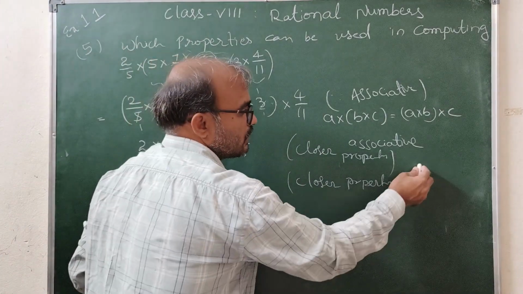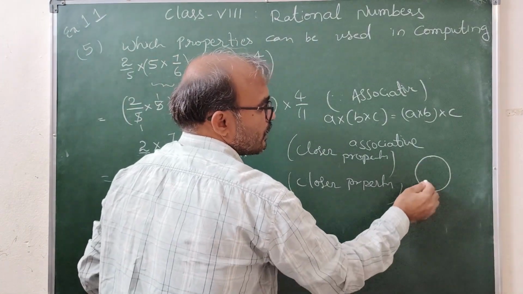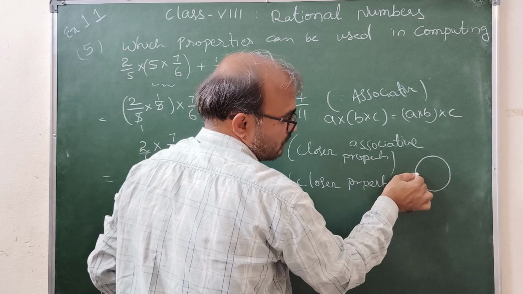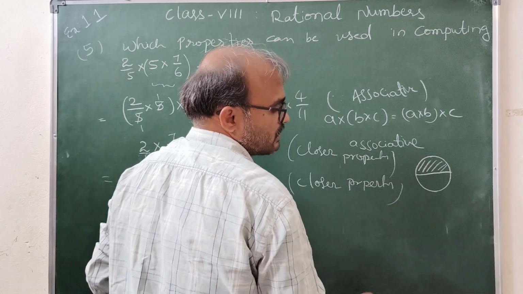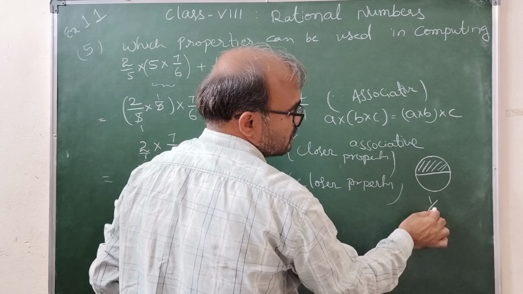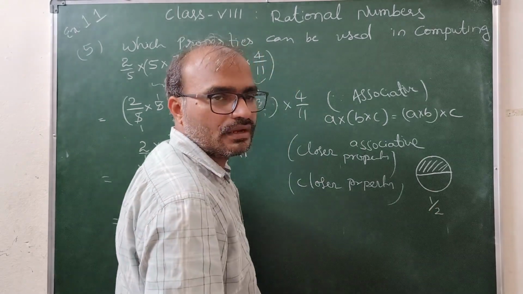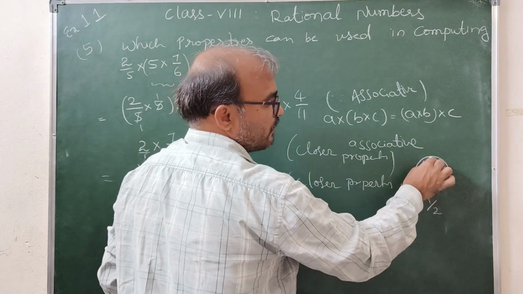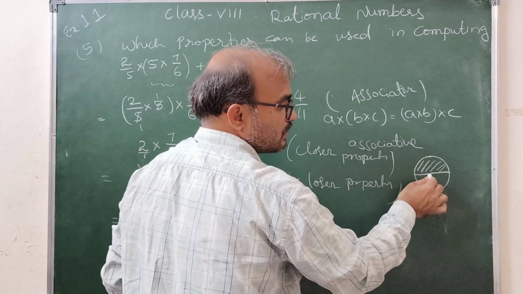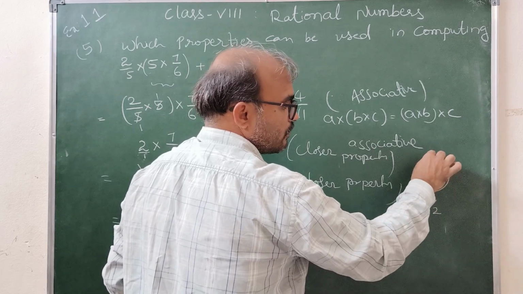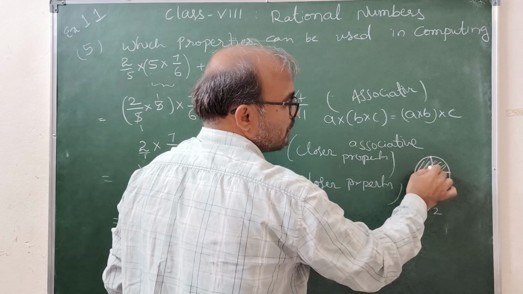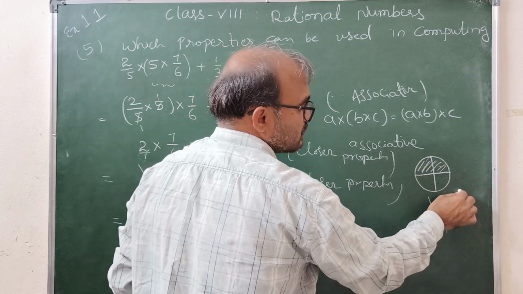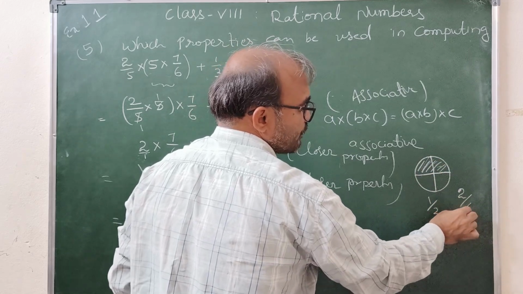For example, see here, consider this is one full biscuit. If it is considered, you say this as half, right? Now if I make two equal parts here, and now we are making this 4 equal parts, the same half you now say as 2 by 4, right?